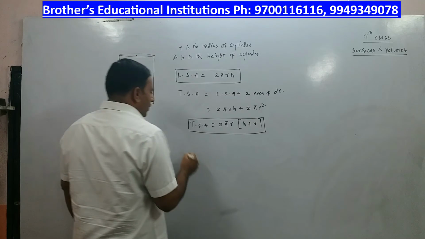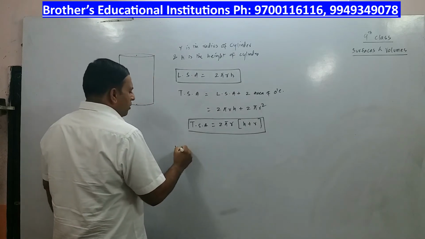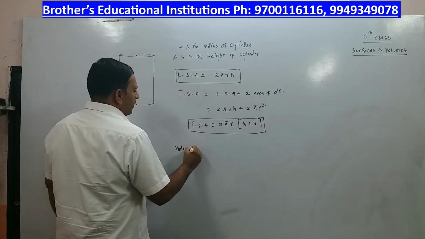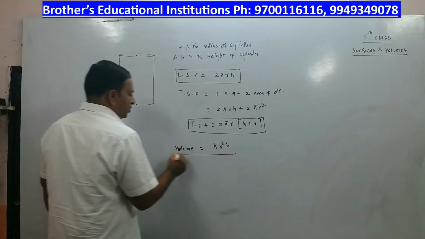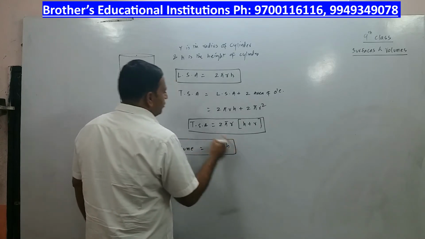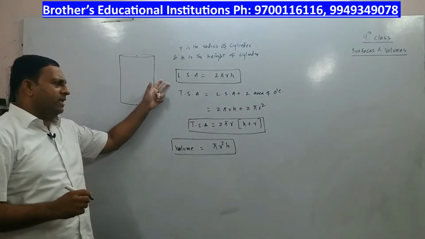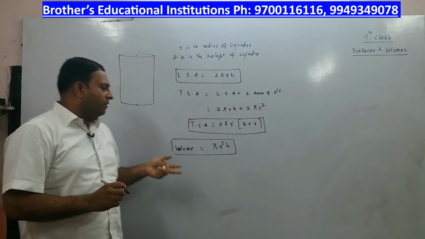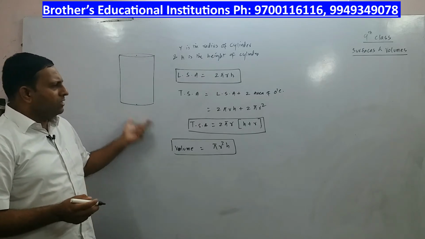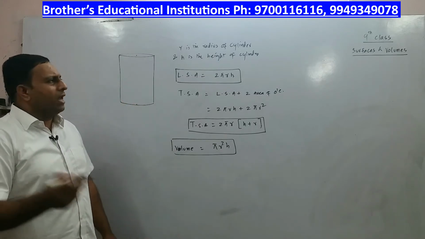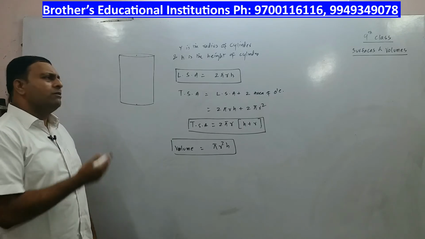Now we also have to deal with volume. The volume of a cylinder is given by the formula pi r square h. So you have to remember these three formulae: lateral surface area, total surface area, and volume. I want you to pause the video, draw this figure, recite these formulas, and now we will go for the problems related to the cylinder.